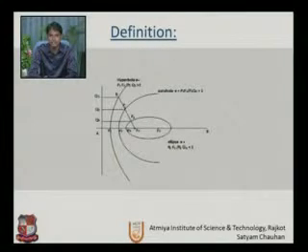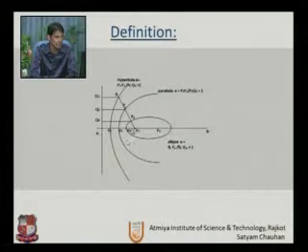As we can see in the figure, in an ellipse there are two focus points. A focus is nothing but a point on the major axis. The horizontal axis is called the major axis, and the vertical, shorter distance of the ellipse is the minor axis. On the major axis, the ellipse has two foci.